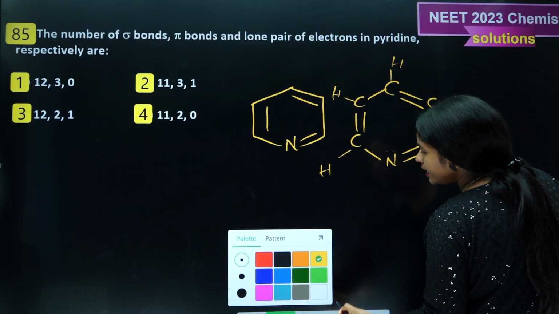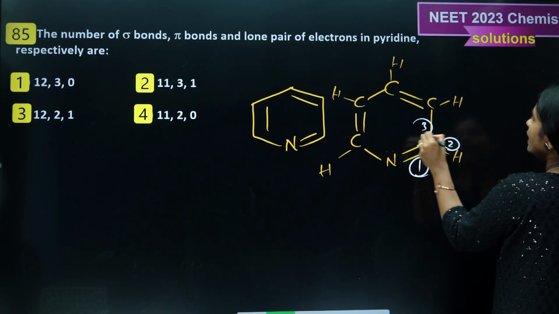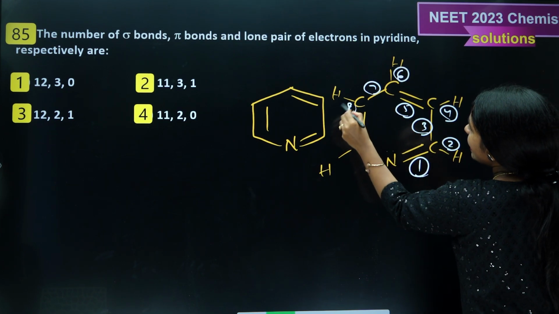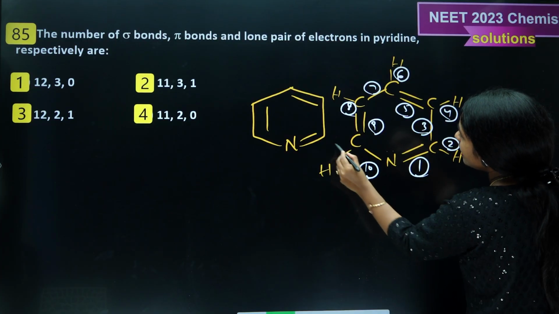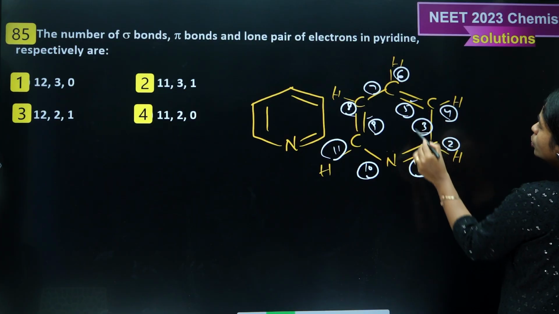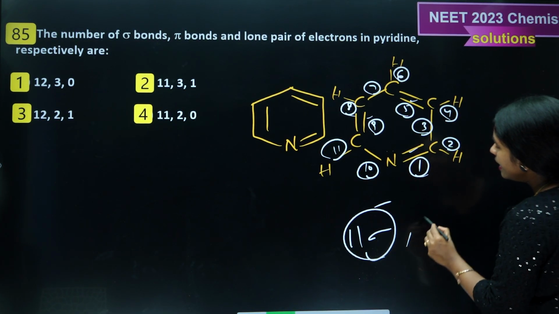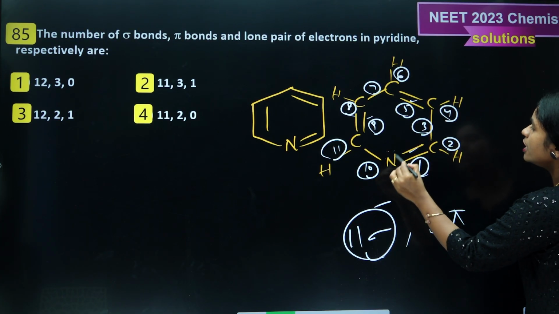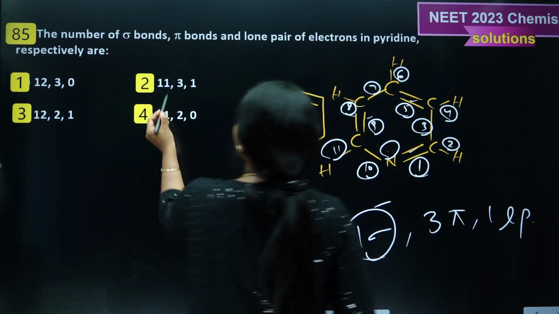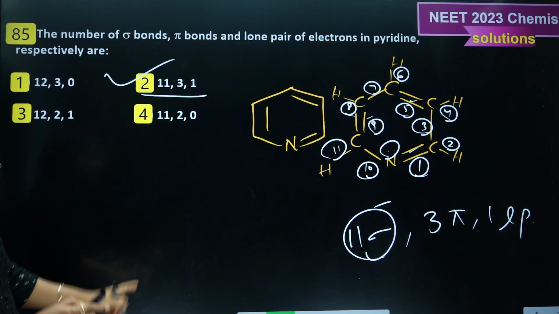Find the number of sigma bonds: 1, 2, 3, 4, 5, 6, 7, 8, 9, 10, 11. 11 sigma bonds, and how many pi bonds, students? 1, 2, 3 pi bonds. On nitrogen, 1 lone pair. So the option will be 11 sigma, 3 pi bonds and 1 lone pair. Option 2 is the correct answer.